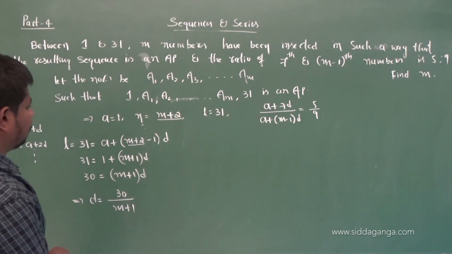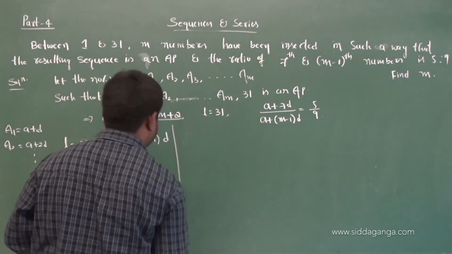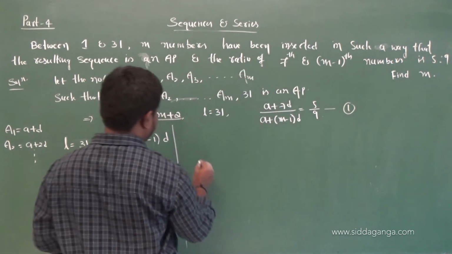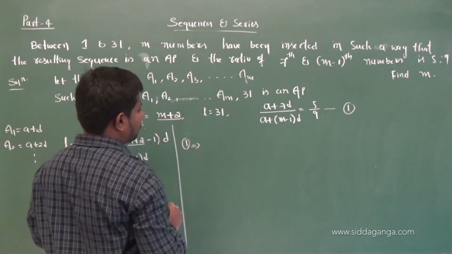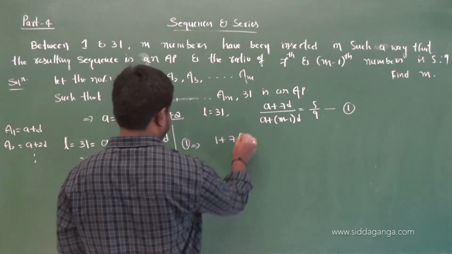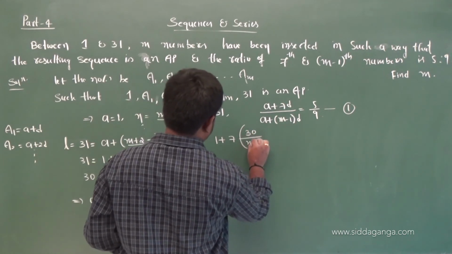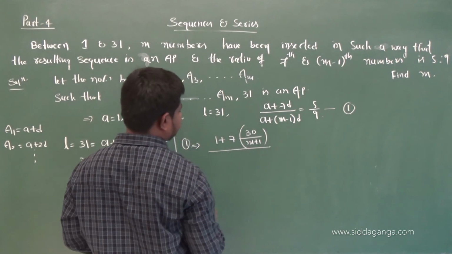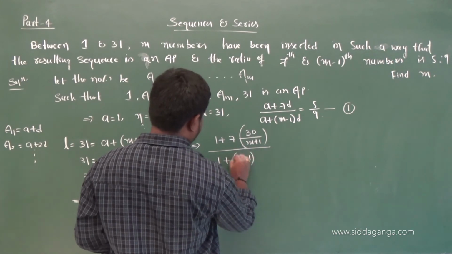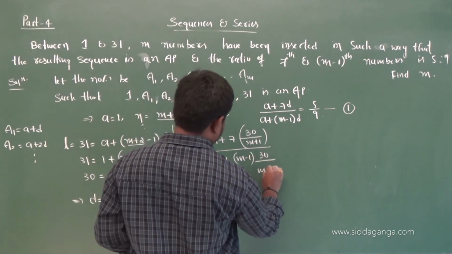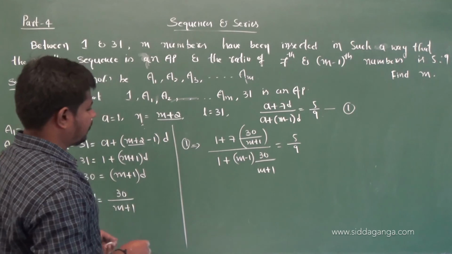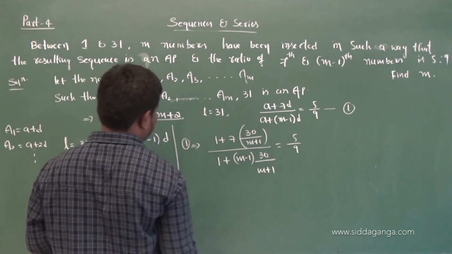Now, take this as equation 1. Equation 1 becomes (1 plus 7 into d, which is 30 by m plus 1) divided by (1 plus (m minus 1) into d, which is 30 by m plus 1) equal to 5:9. Let me simplify. m plus 1 is the LCM for both numerator and denominator.